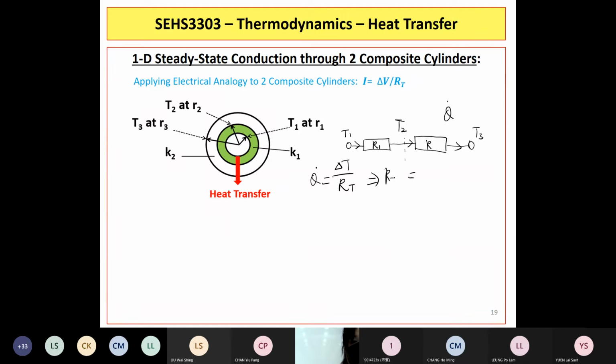That should be R1, right? The sum of R1 and R2, the two resistors.